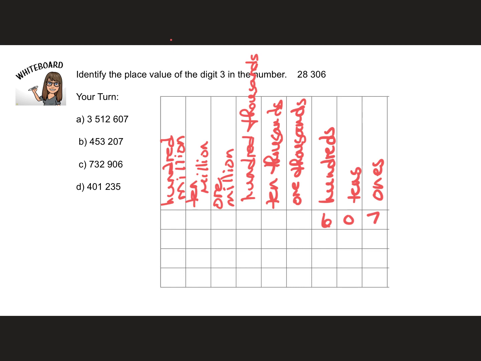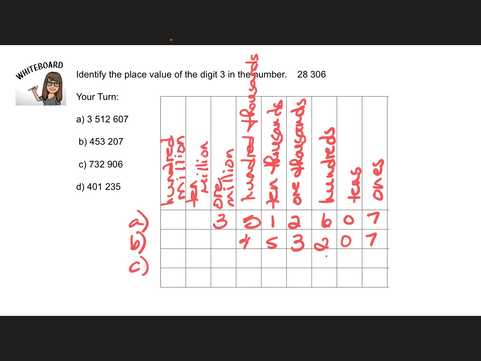All right, and again, you're going to put your numbers into the place value chart. 607 in the units period, 512 in the thousands period, and 3 in the millions period. So 3,512,607 would be our A number. B, 207 in the units period, 453 in the thousands period, so 453,207.